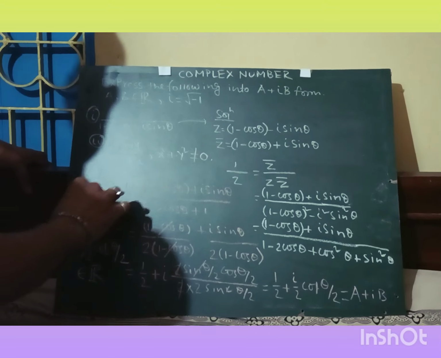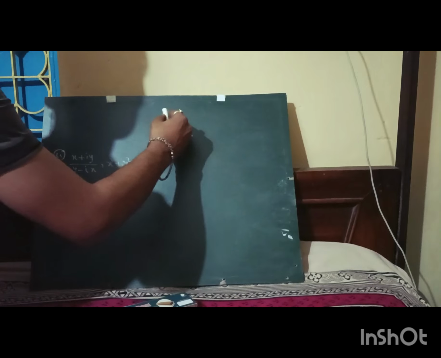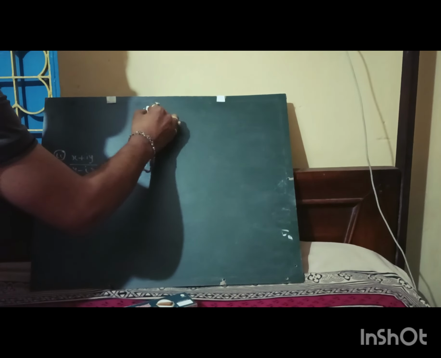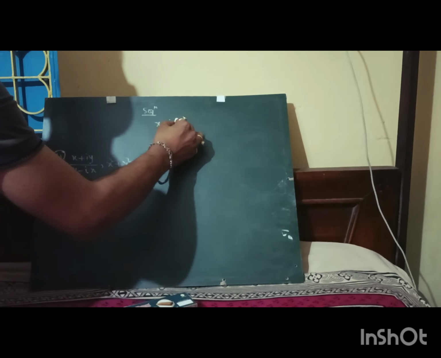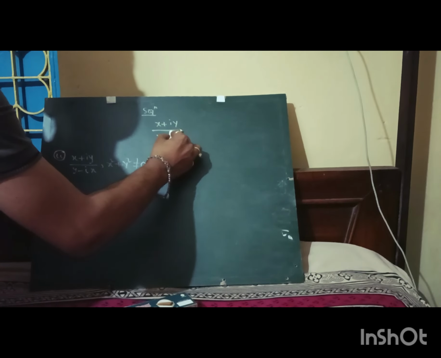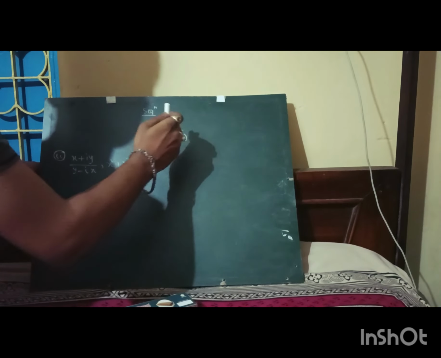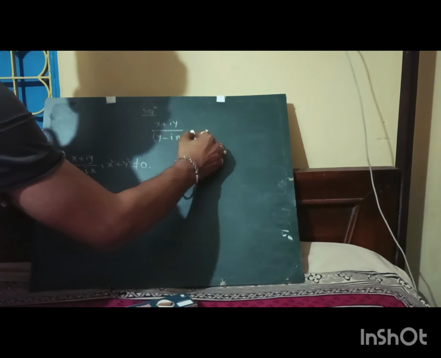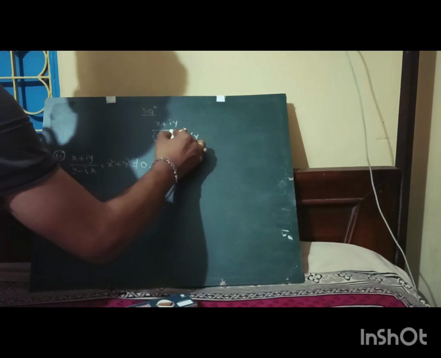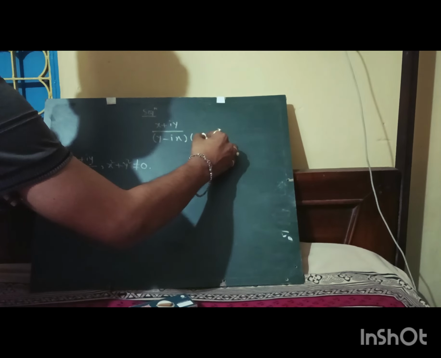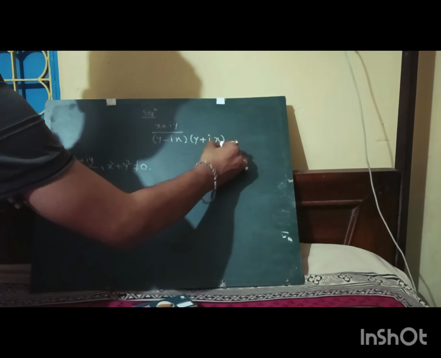Now we discuss the second problem: (x plus iy) by (y minus ix). That means we start its solution. Now we multiply numerator and denominator by the conjugate of y minus ix. That means y and the opposite sign of the imaginary part, that means y plus ix.